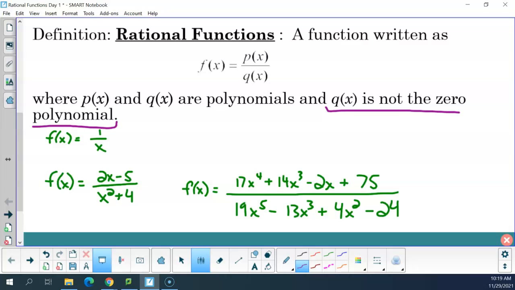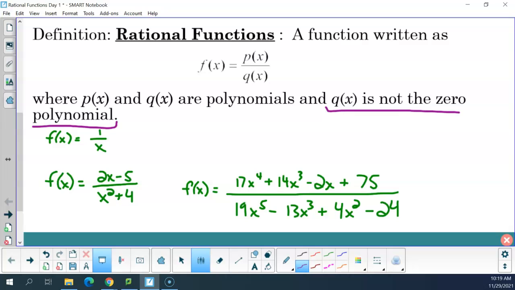What polynomial is equal to 0? There's only one polynomial that's equal to 0. Zero. 0 is the only polynomial that's equal to 0.